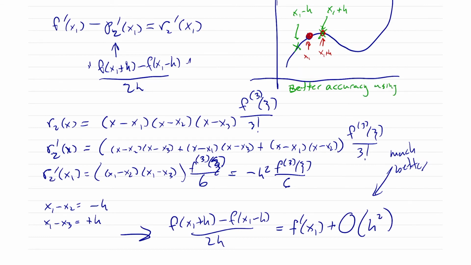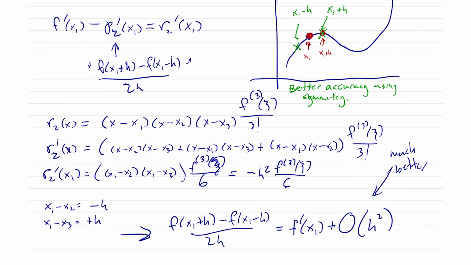So you get better accuracy when you're using symmetry around the point. And it's a whole order of magnitude better. And we use the same number of samples. We used x1 and x1 plus h in the first one. Now we're just using x1 minus h and x1 plus h. But we didn't actually have to evaluate x1 in this new formula that we made up.